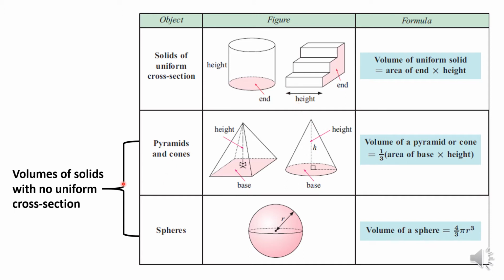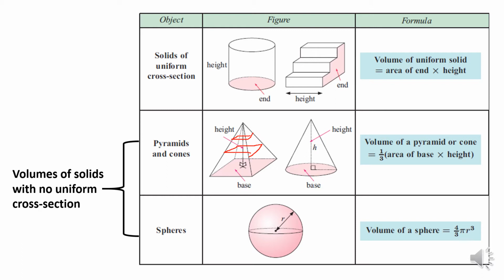But now when you deal with solids that have no uniform cross section, for example this particular cone here, you realize that as you go, the areas are not exactly the same. It's getting smaller and smaller, so it doesn't have a constant cross section.